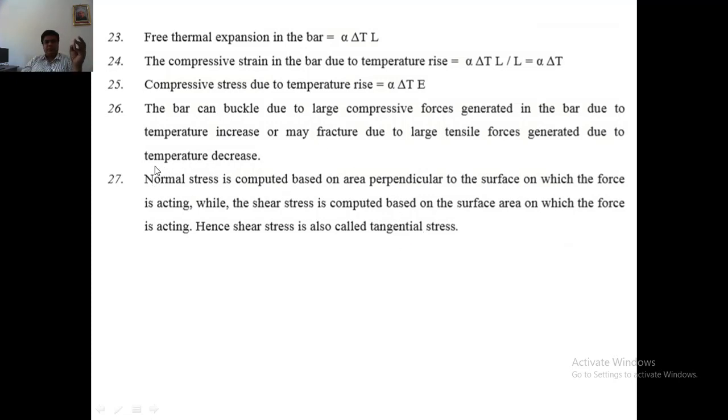Keep in mind that normal stresses are because of the loads acting perpendicular or normal to the surface area of the material, whereas shear stresses are because of the shear forces acting parallel to the surface area. That's why shear stresses are called tangential stresses.